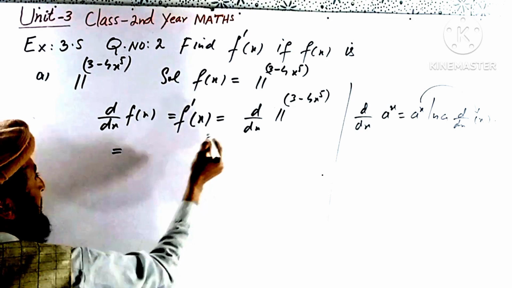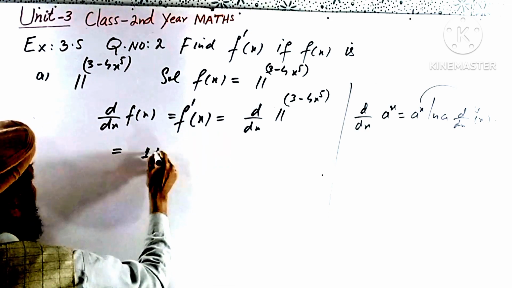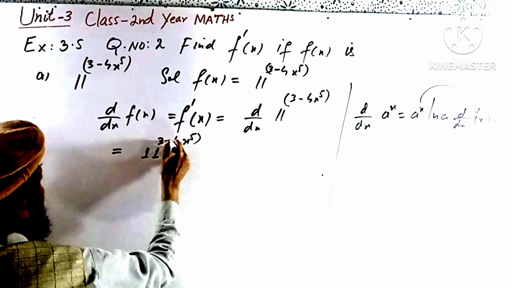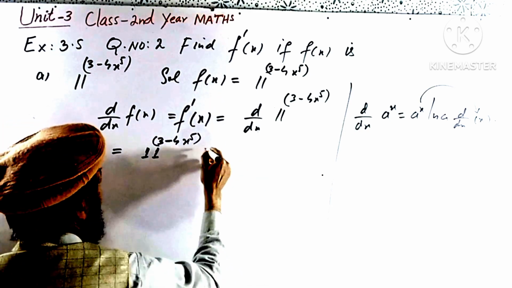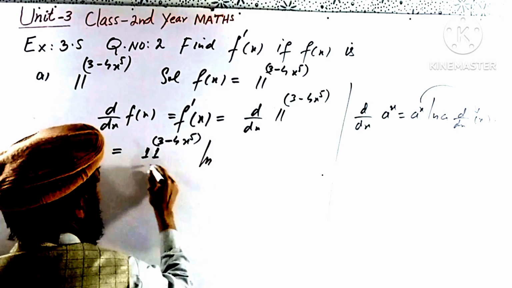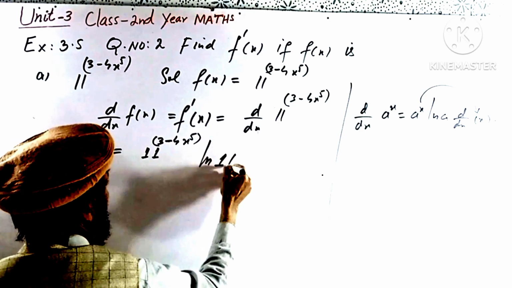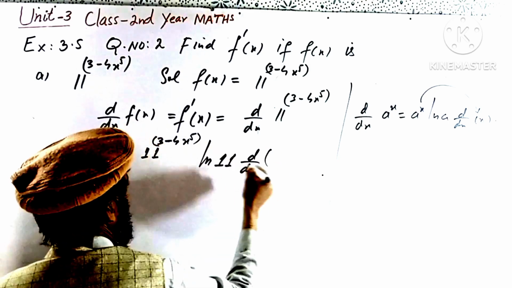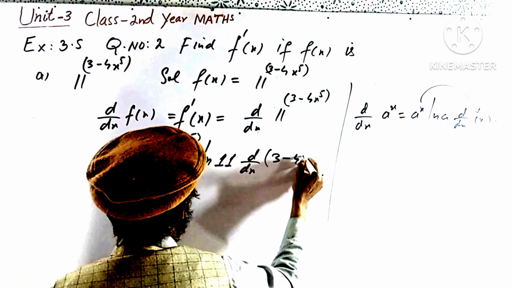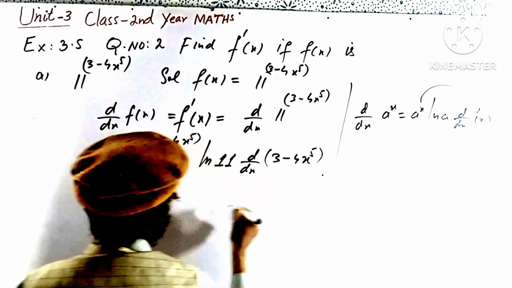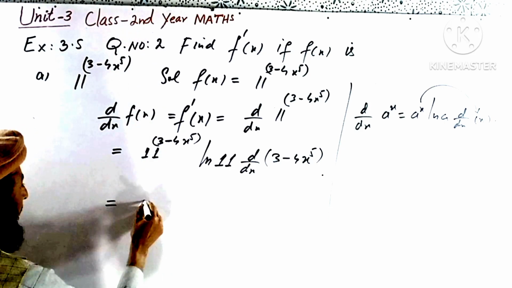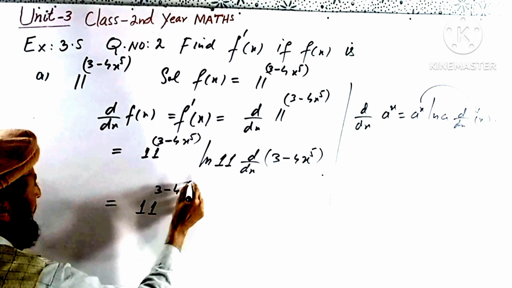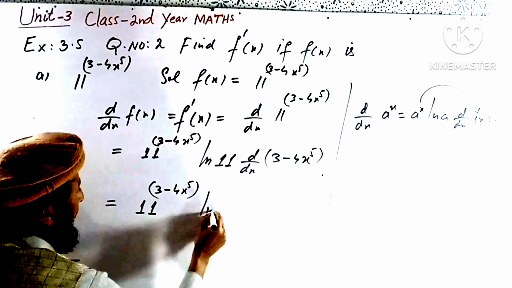A power x means here 11 power the same 3 minus 4 x power 5, and log of a is log of 11, and the derivative of the x value 3 minus 4 x power 5. So we get here 11 power 3 minus 4 x power 5, and log of 11.